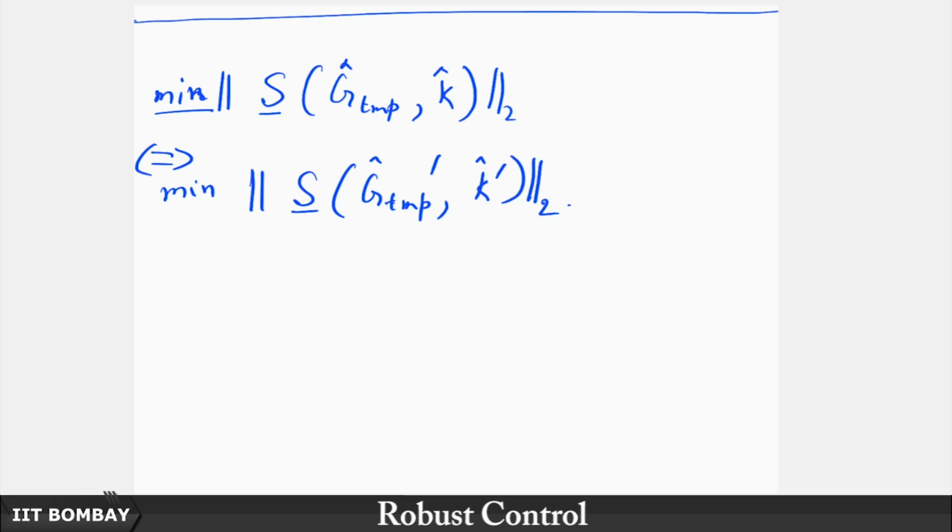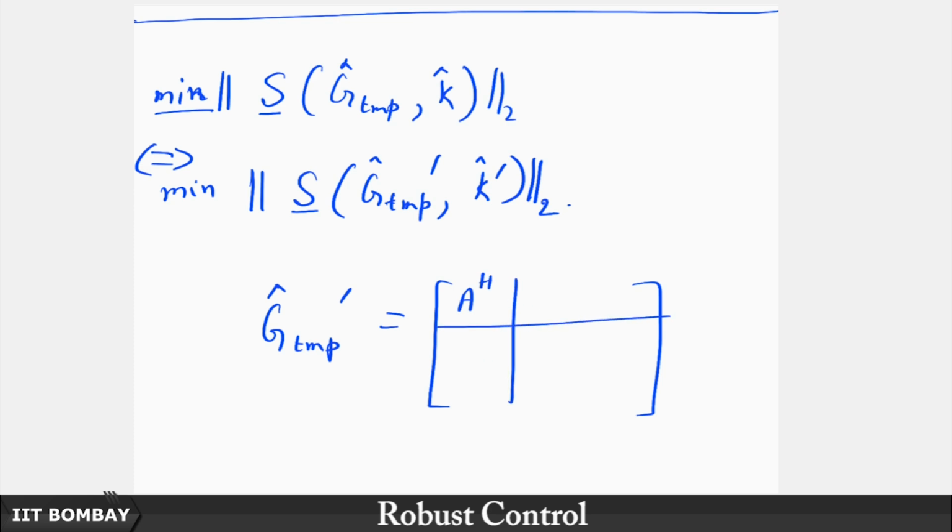Based on our understanding of the prime operation, please go back to the notes you took in the preceding lecture to see what G hat TMP is, and you will observe immediately that G hat TMP prime will look something like this, with A replaced by A Hermitian, and whatever was in the place of the C matrix for G hat TMP will now be replaced with the Hermitian transpose of the C, or the B here.